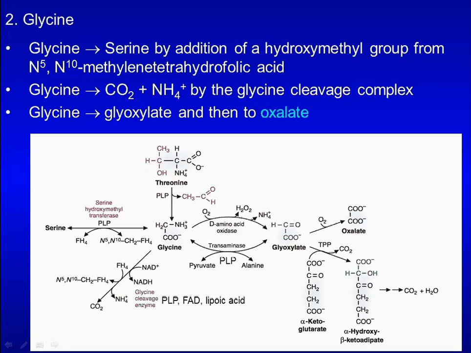Here, 3 enzymes: serine hydroxymethyltransferase, glycine cleavage complex, and alanine glyoxylate aminotransferase all require PLP as a coenzyme. In addition, glycine cleavage complex also requires FAD and lipoic acid.